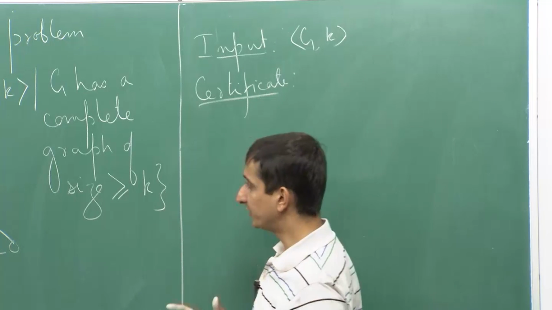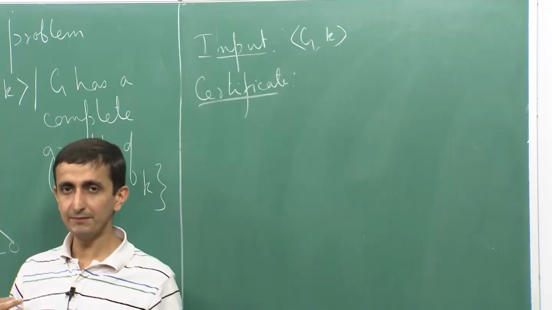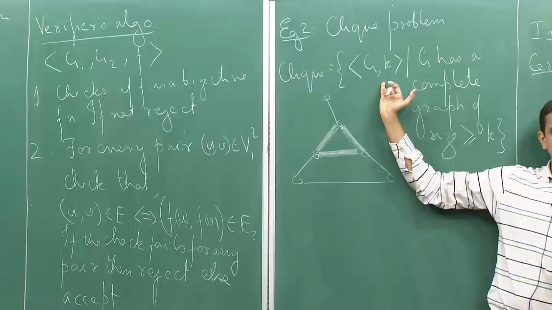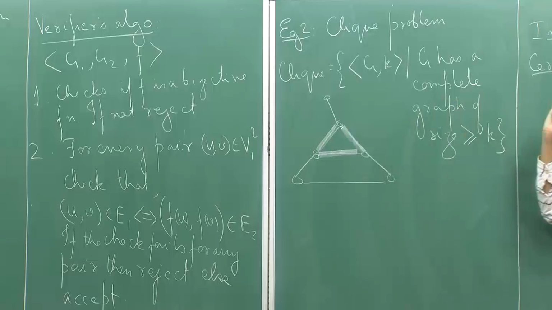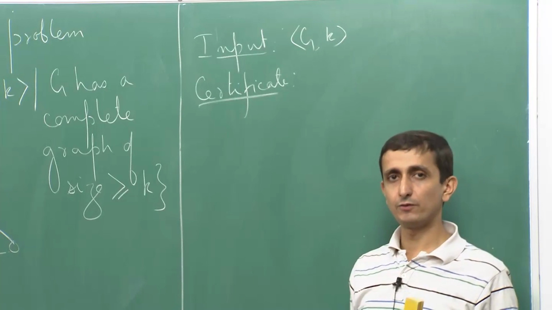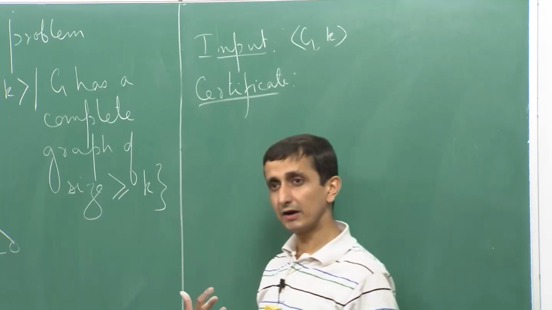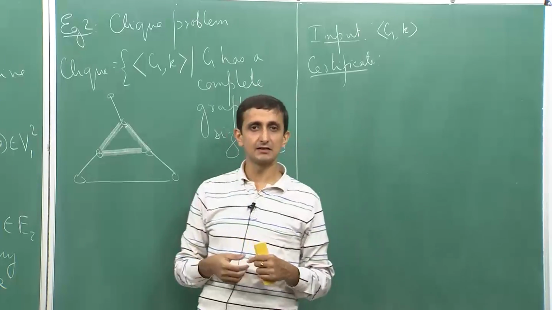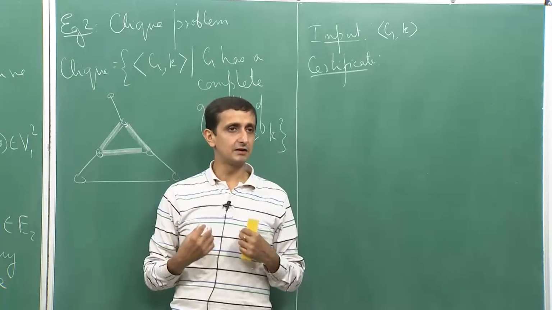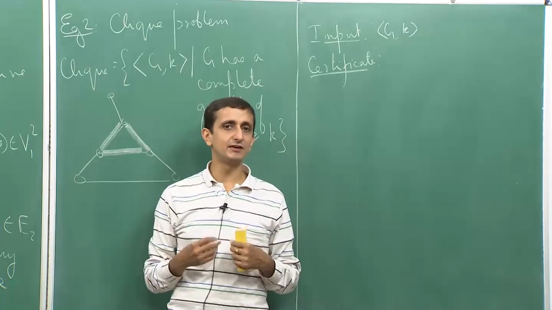Okay. So, what should the property of the certificate be? That if G has a clique of size at least k, then there will be some certificate which would allow a verifier to accept, and if G does not have a clique of size at least k, then no matter what certificate you choose, the verifier will always reject.